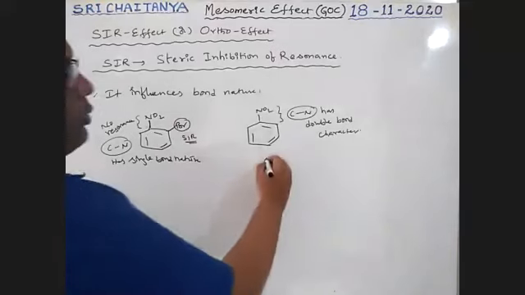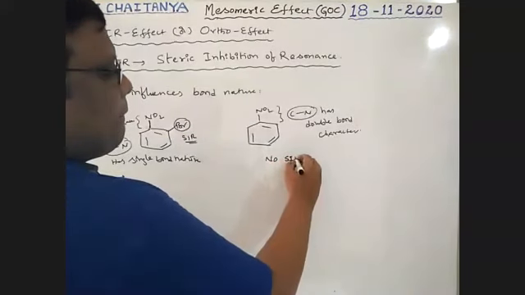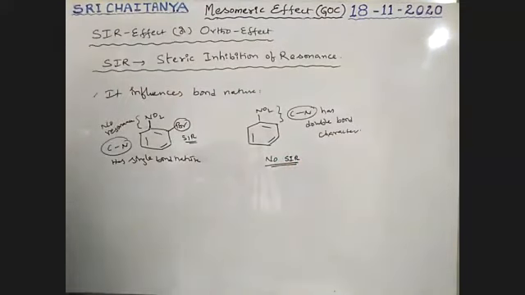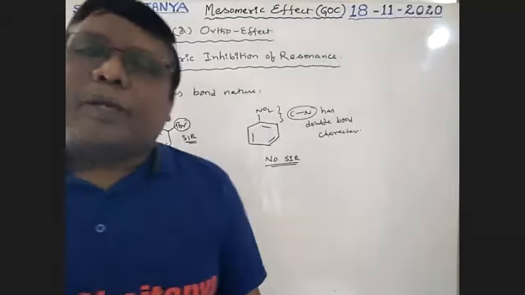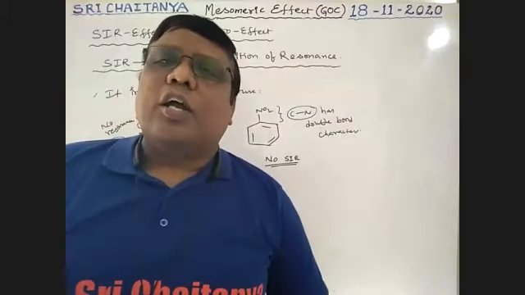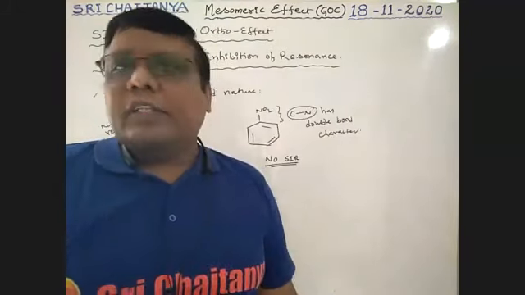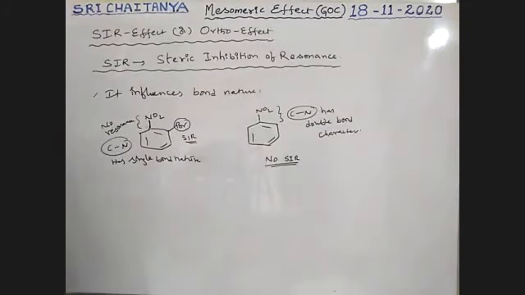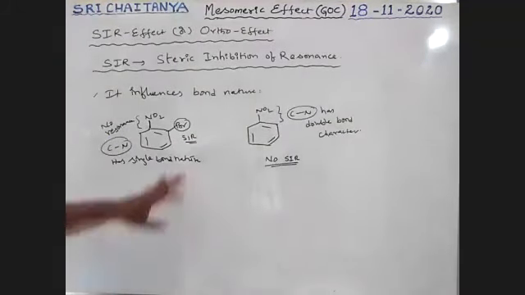So here there is no SIR effect, so double bond character. That means whether the bond has single bond nature or double bond nature is explained on the basis of this concept. Okay. So this is the SIR effect.